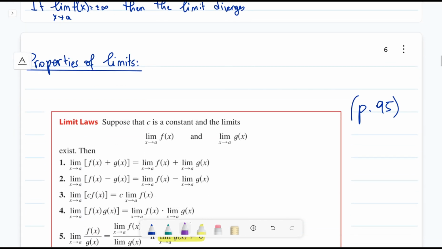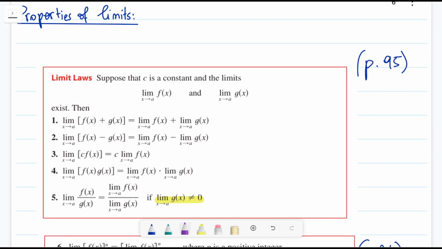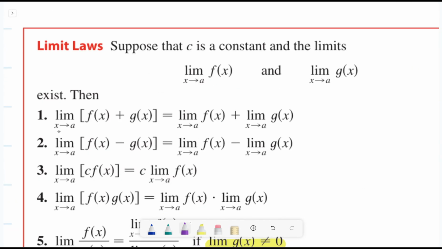Now we will move on to some properties of limits. If we have two functions f of x and g of x, and we are told that both the limit of f of x as x approaches a and the limit of g of x as x approaches a exist, the first property is the limit of f of x plus g of x as x approaches a is the same as the limit of f of x as x approaches a plus the limit of g of x as x approaches a.